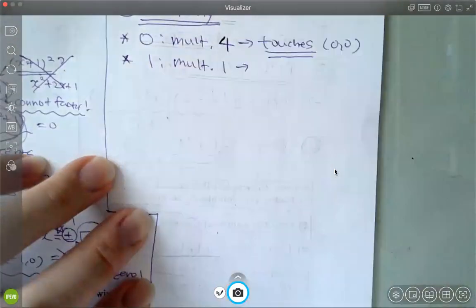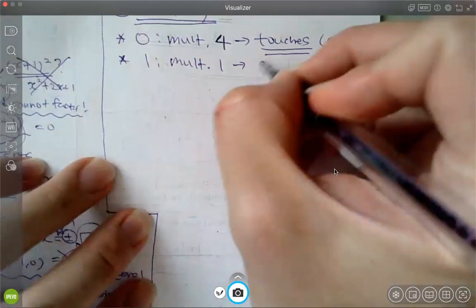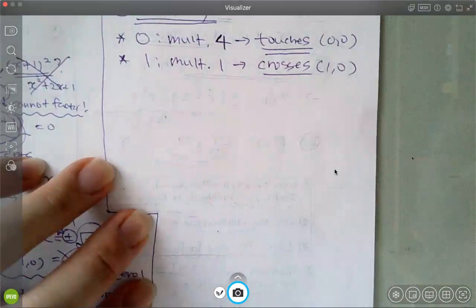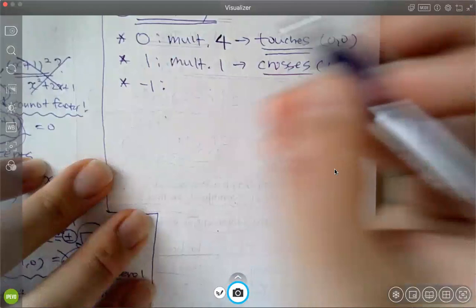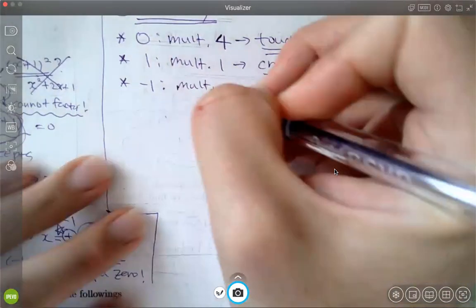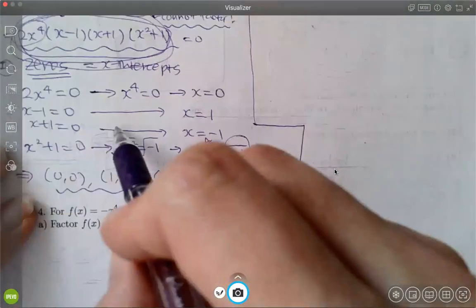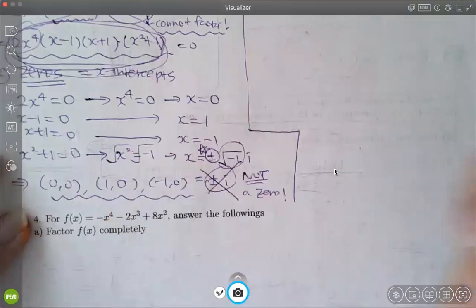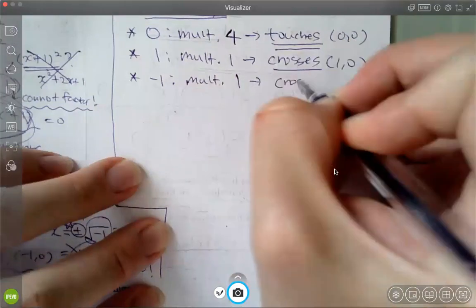Since this multiplicity is odd, the graph will what? Cross, right? And then the third zero, negative 1. What is its multiplicity? The negative 1 came from x plus 1, whose exponent is again 1, right? So its multiplicity is also 1. And the graph will cross once again.